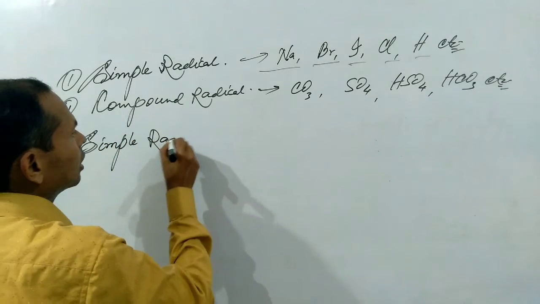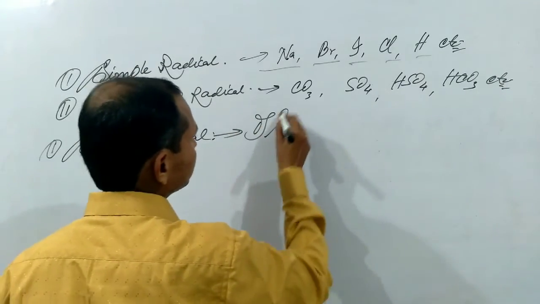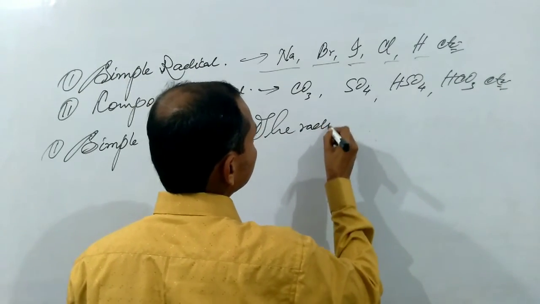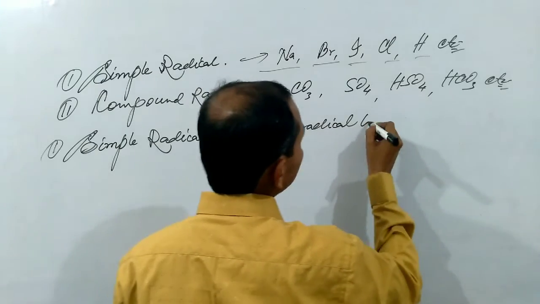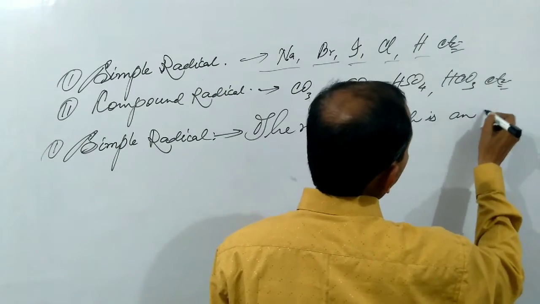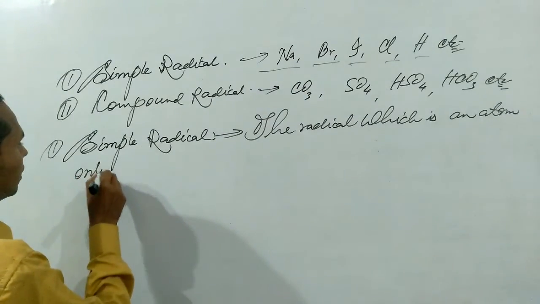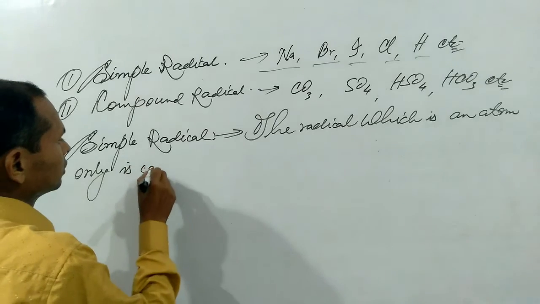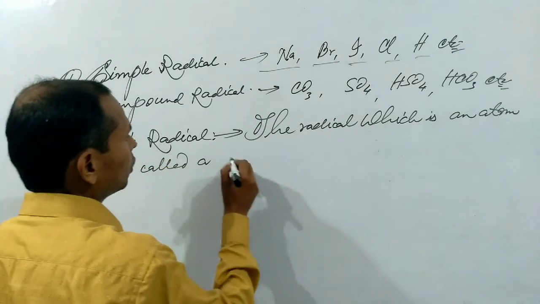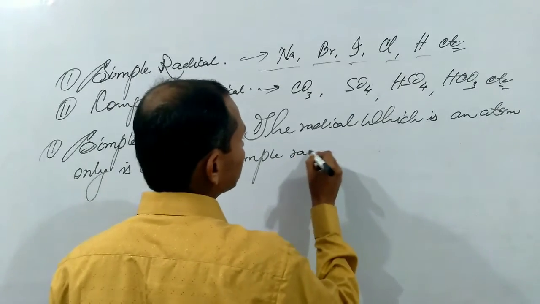Simple radical: the radical which is an atom only is called a simple radical.